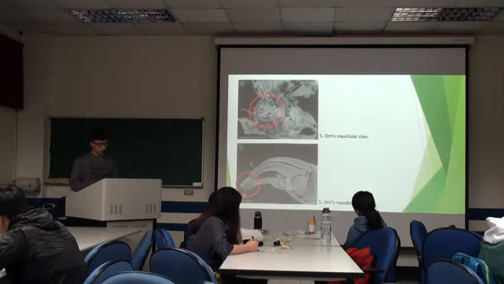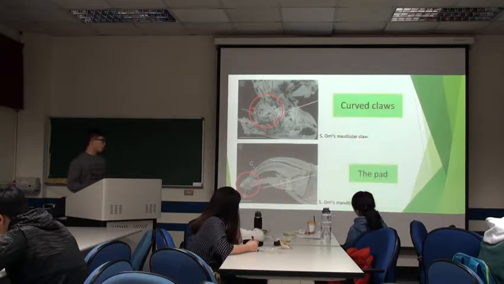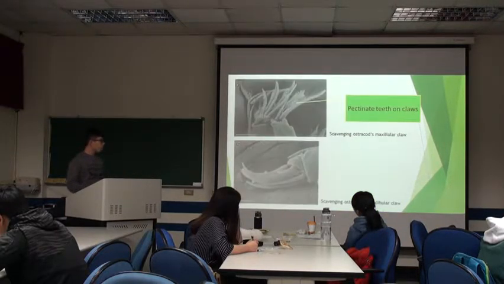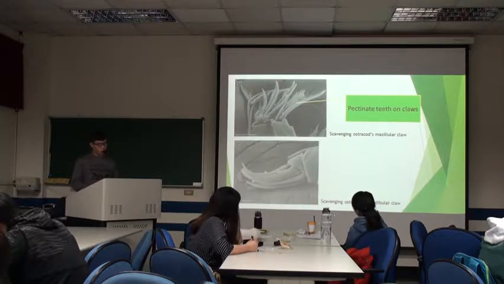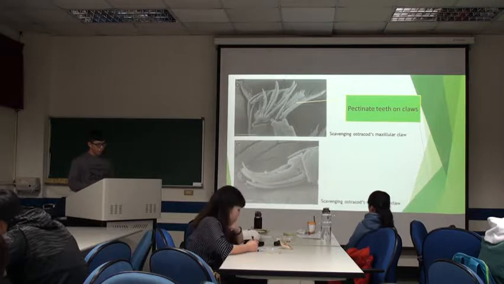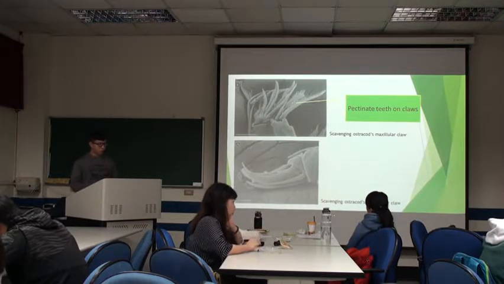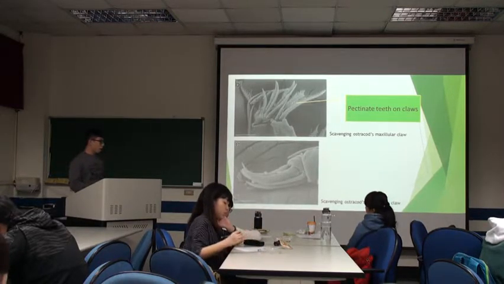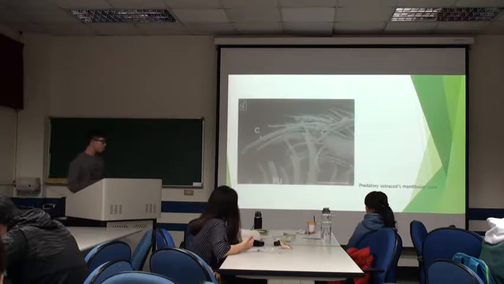And in Sheina orri's mandibular claw, you can see the pad morphology. Then we compare with scavenging ostracods' maxillular and mandibular claws. The scavenging ostracods' maxillular claw has pectinate teeth, and its mandibular claw doesn't have the pad morphology.